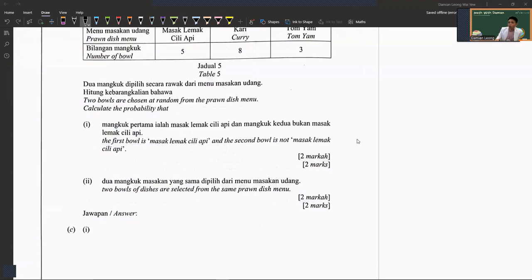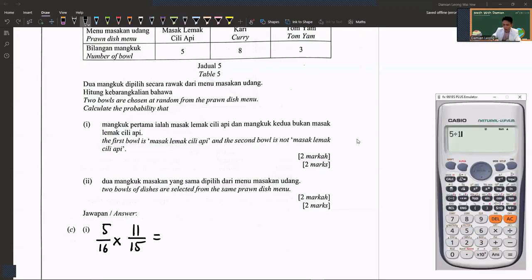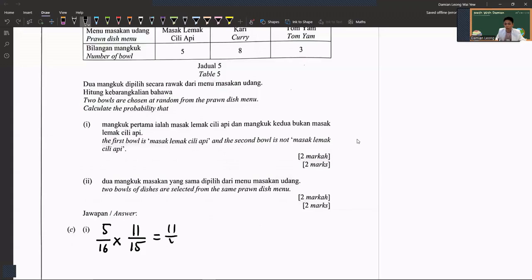For the first bowl I select 5 out of the total, 5 plus 8 plus 3, 16. Then the second bowl is not, so I have 11 other dishes out of a total, after selecting 1, of 15. So 5 over 16 times 11 over 15, we get 11 over 48.